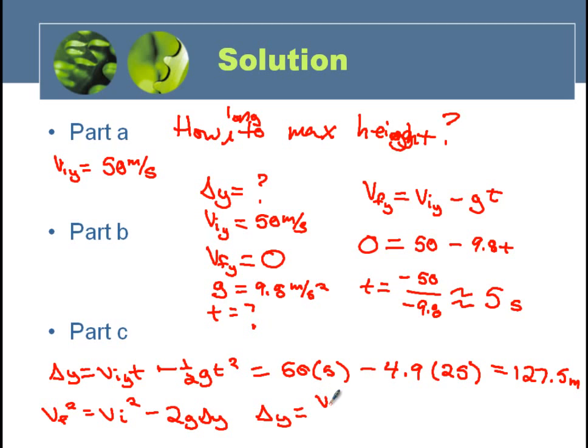Hopefully you're getting better at your algebra skills. Over negative 2g. That's 0 minus 50 squared over negative 19.6. So negative 250 divided by negative 19.6.